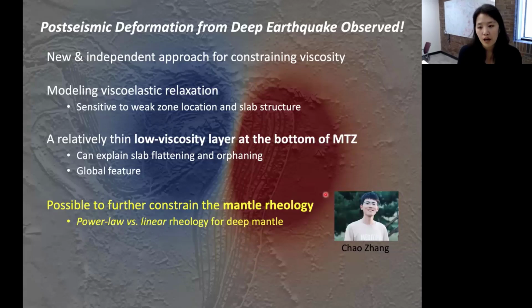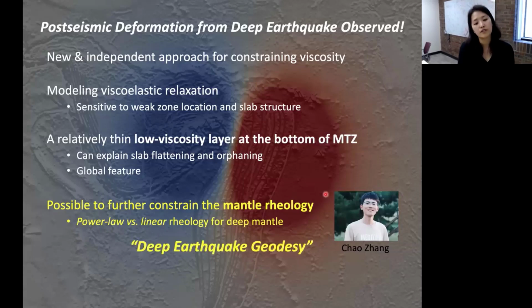And finally, I think there is a lot to be done, a lot of exciting problems in what I call deep earthquake geodesy. In the geodesy community, the framework hasn't really included deep earthquakes so much so far. But I think deep earthquakes can cause very significant changes in Earth's surface.